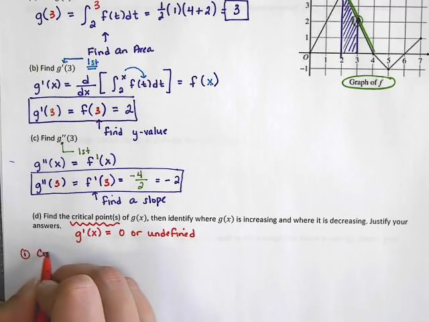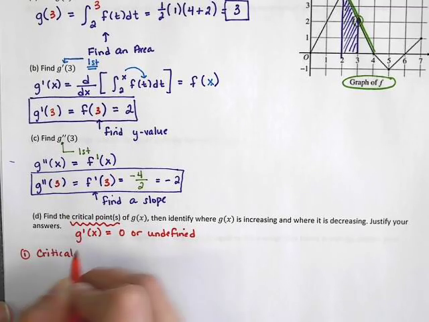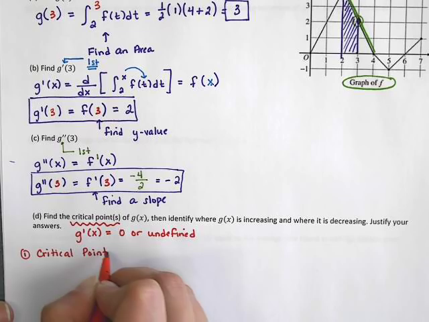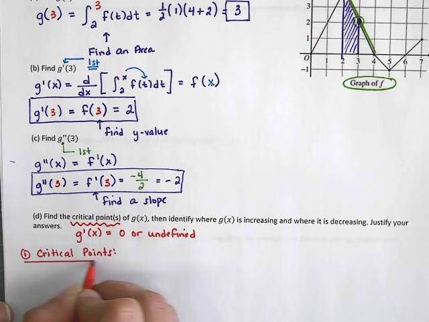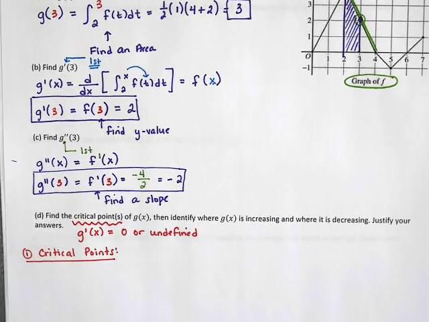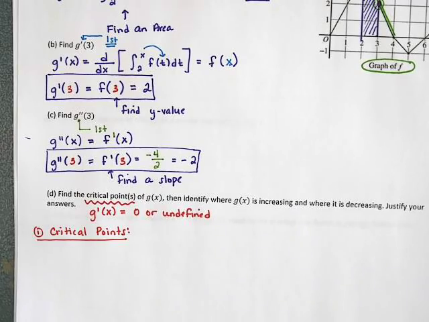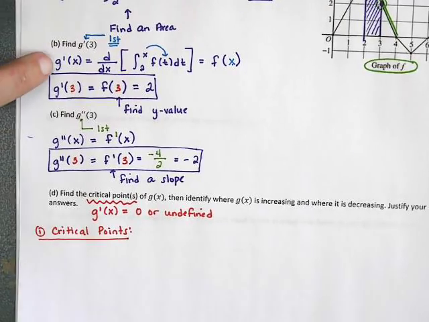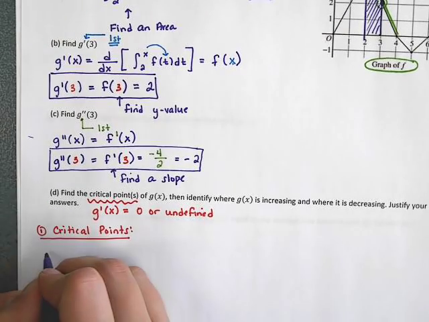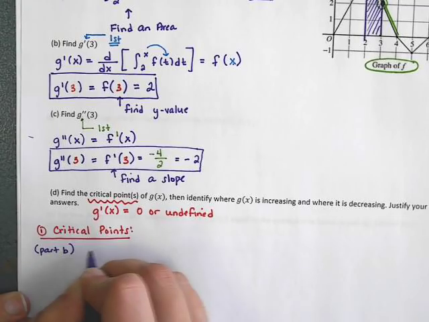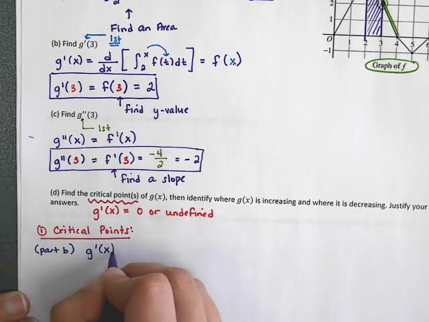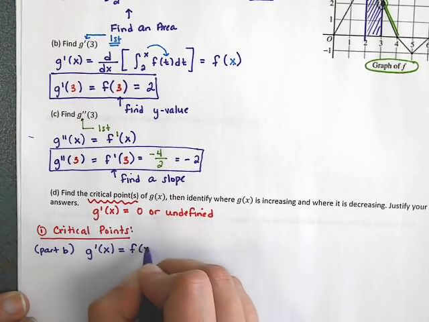First, to find the critical points, I need to figure out where g prime of x is equal to 0 or undefined, which means I'm going to need to know what g prime of x was. Now, lucky for us, we found g prime of x up here. So if I review from part B, we figured out that g prime of x was just f of x.